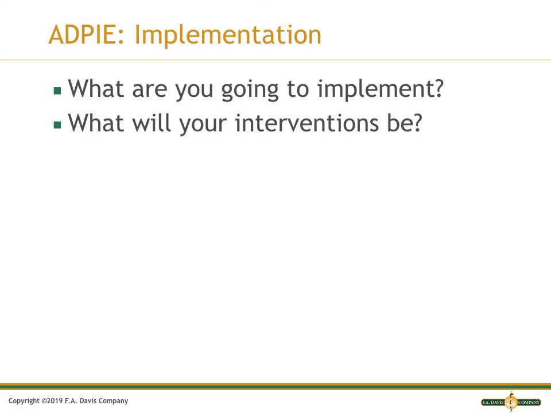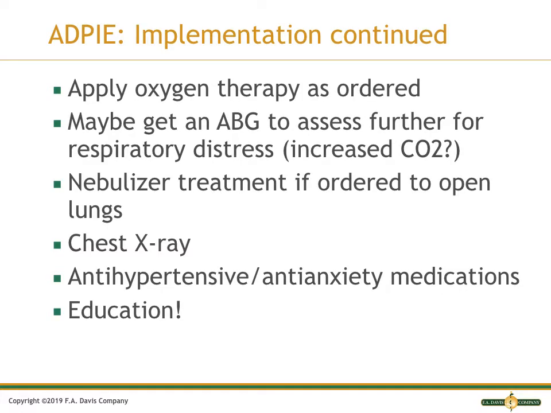Implementation. So you're just going to implement each thing that I've just said. Raising the head of the bed, giving oxygen, maybe a breathing treatment if that's what's necessary. So that's your implementation, your interventions. Apply oxygen, get an ABG. We haven't talked about these yet, but we will.